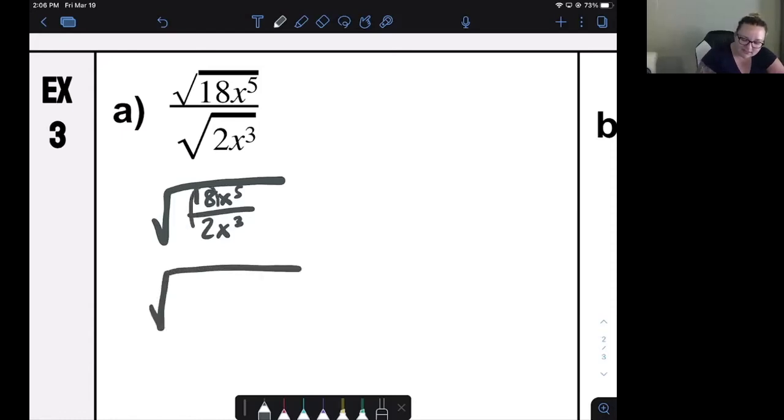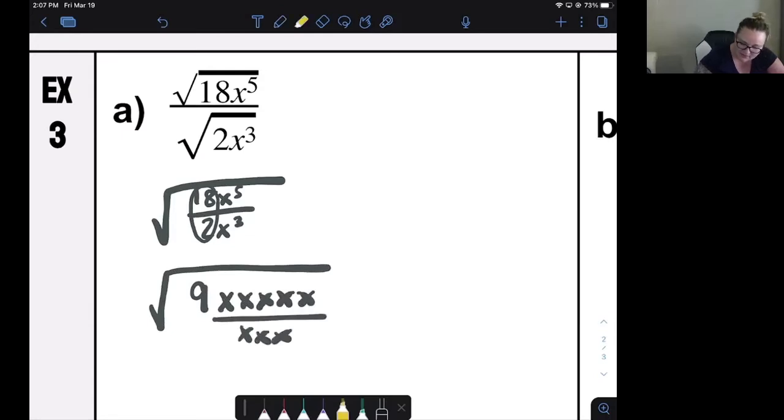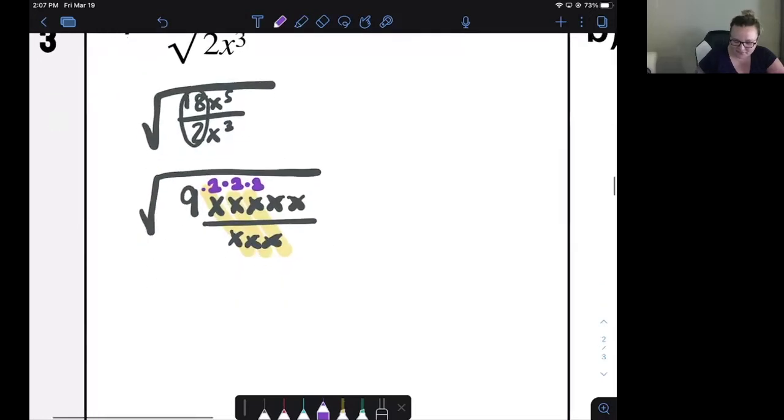So now when I take 18 divided by 2, I get 9. X to the 5th divided by x cubed. Well, x to the 5th is really 5 x's. X cubed is really 3 x's. X divided by x is 1, x divided by x is 1, and x divided by x is 1. So now I have 9 times 1 times 1 times 1 times x times x.